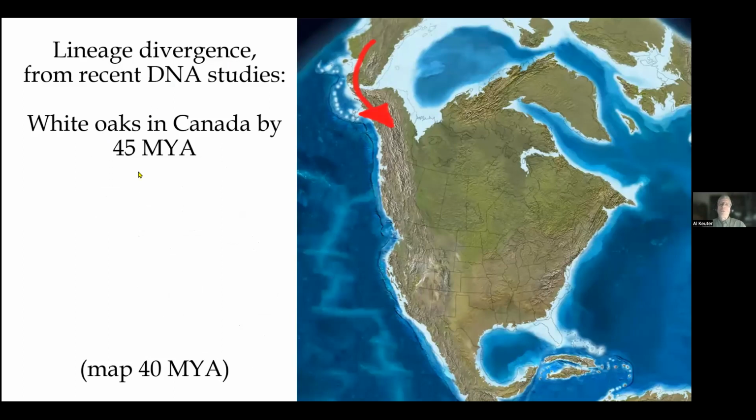So a white oak fossil was found in Canada that dates back to 45 million years ago. That's the oldest oak fossil in the Western Hemisphere. But it's unclear whether the oaks came from Eurasia into North America or started here and went into Eurasia.